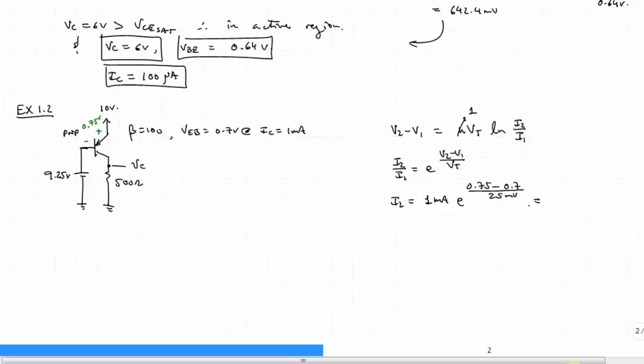So that's 50 millivolts divided by 25, so that's 1 milliamp times e squared.